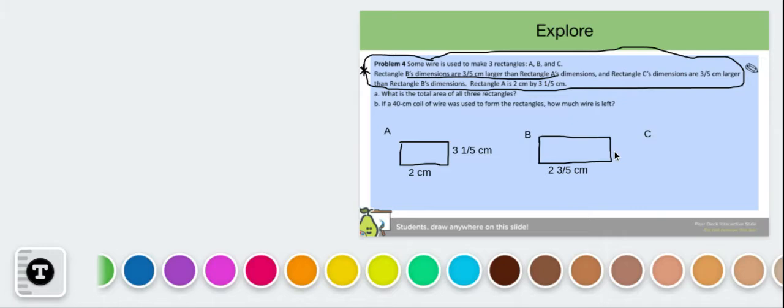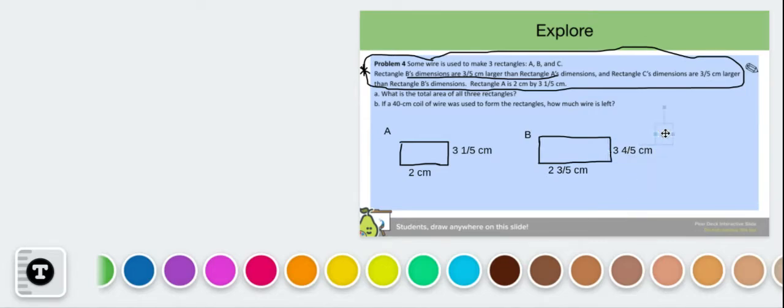So that means rectangle B's width is 3 4/5 centimeters. Okay, awesome.